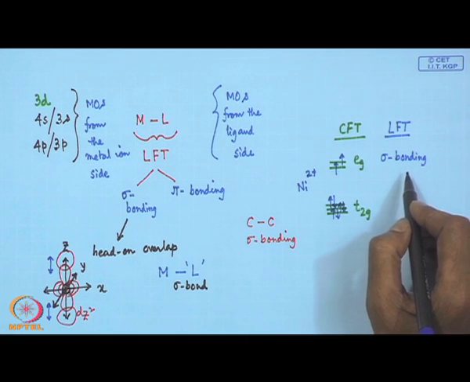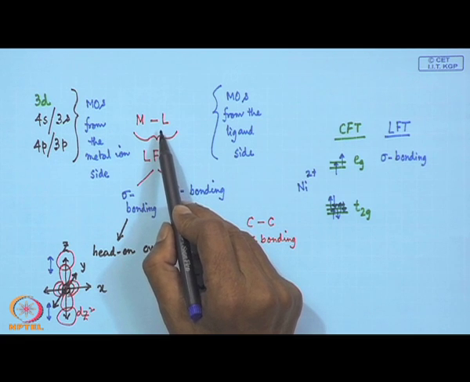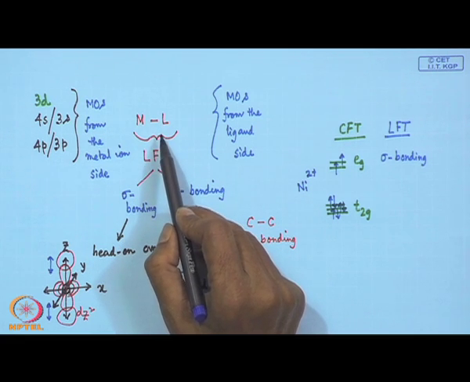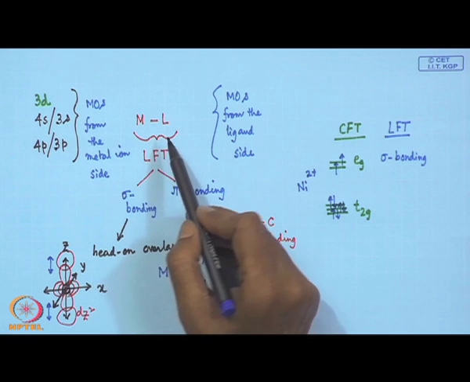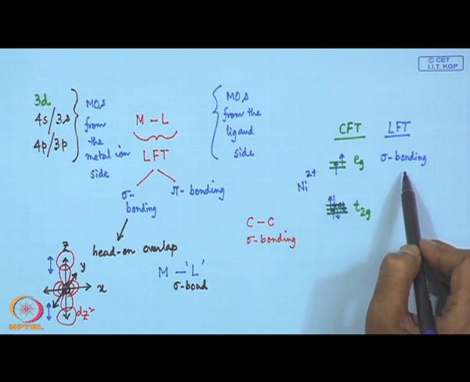As a result, if there is some metal ligand interaction and covalency, that can only be explained in terms of the involvement of the Eg orbitals for sigma bonding.